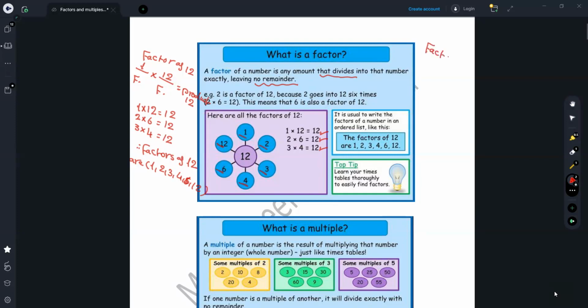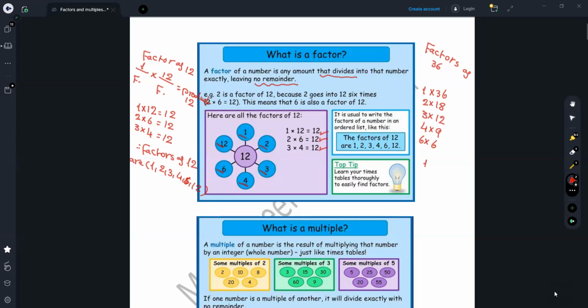Take another example. What are the factors of 36? We will list all the numbers which are factors of 36, where 36 is the product of them. 1 multiply 36. 2 multiply 18. 3 multiply 12. 4 multiply 9. 6 multiply 6.